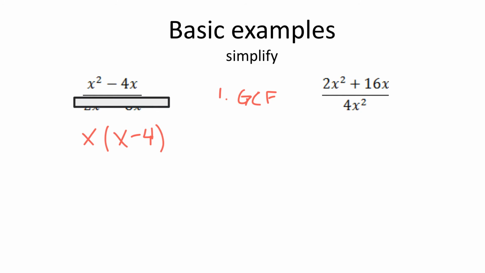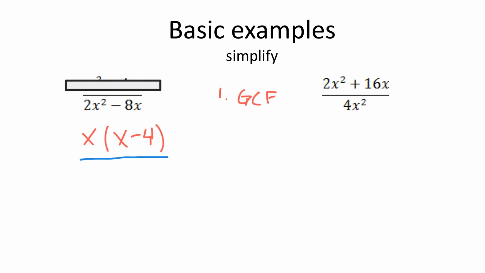And so the idea of what we're trying to look at is we're trying to find the most simplified version. So whenever you have a degree of 1 with any of your x's, you know that it's most likely in its simplest or most factored form. And so now we can work with the denominator here. And so I'll put my fraction bar here to make sure that it's still there.